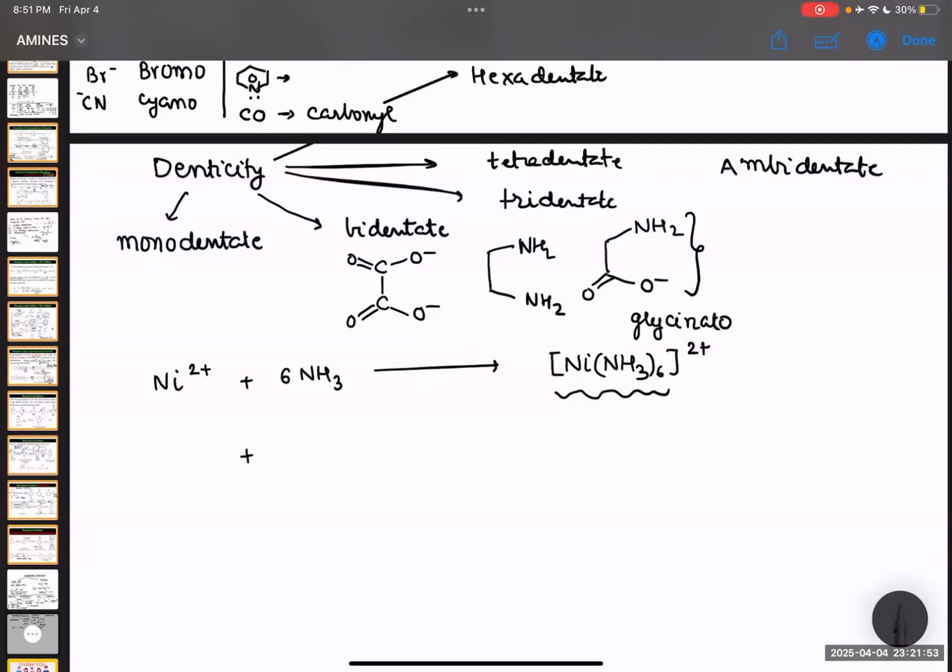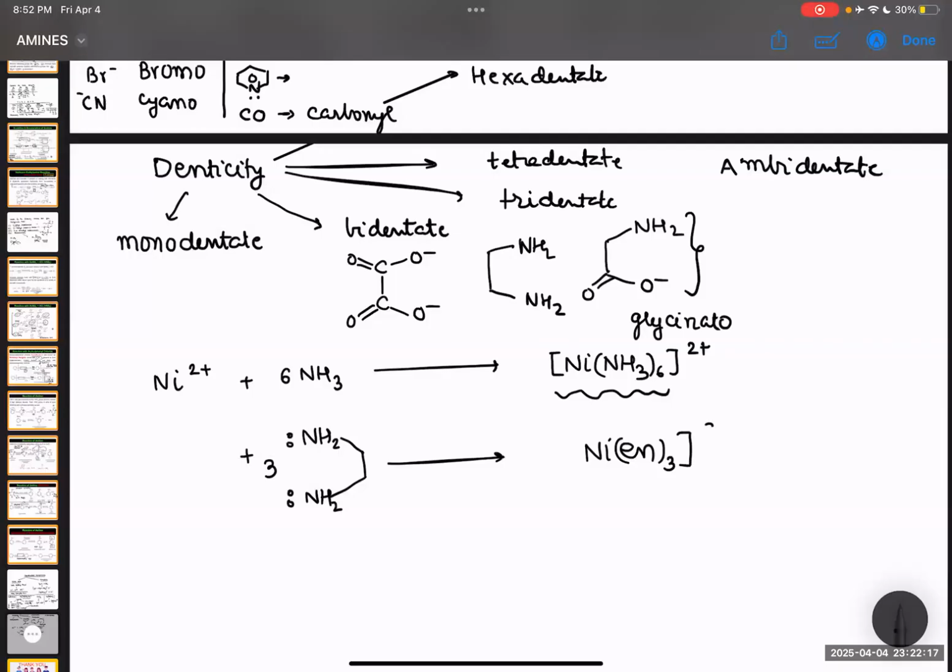Clear? Yes, sir. And suppose if I put ethylene diamine or ethane 1,2 diamine, I need just 3 of them because each one is fulfilling the purpose of 2 NH3, so I need just 3 of them. So in short form I can write it like this.